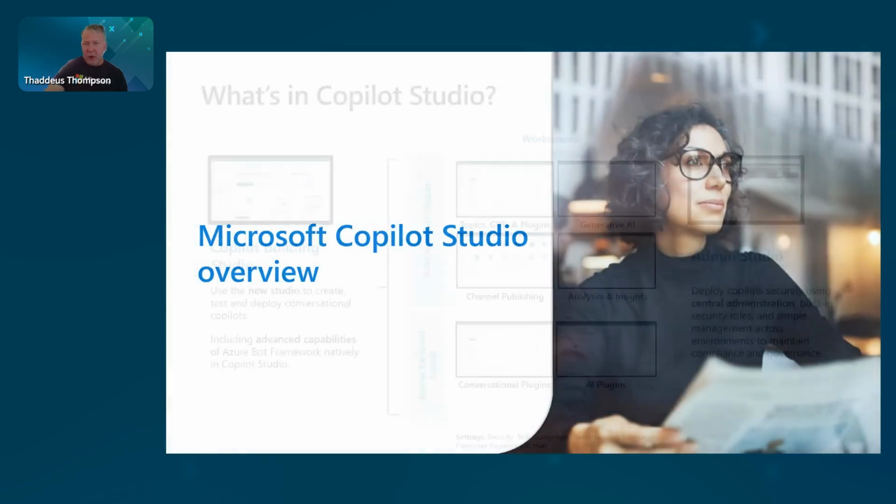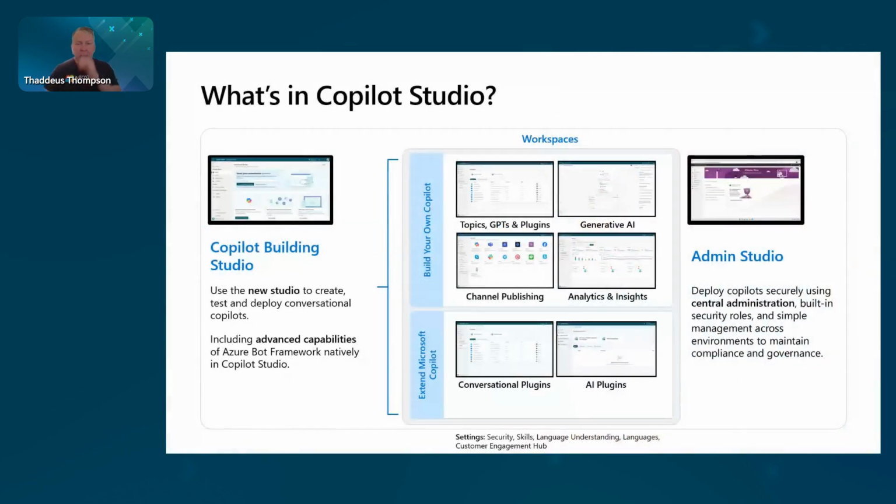So first, an overview of what it is. Now, you've probably heard the term Copilot. It's essentially Microsoft's naming of ChatGPT. First there was 3, then there was 4, now there's 4.0, and we're leveraging that.